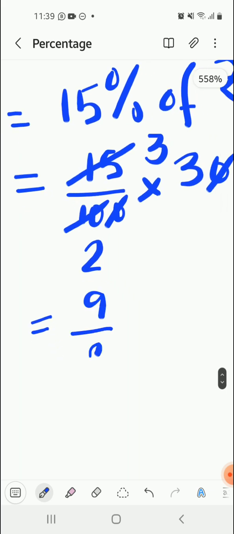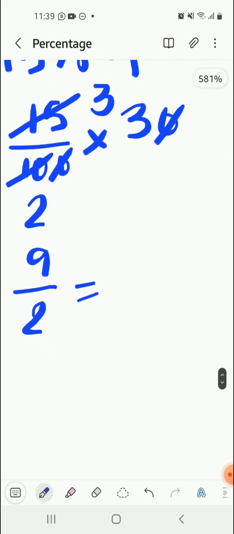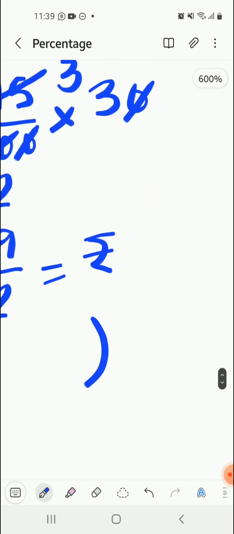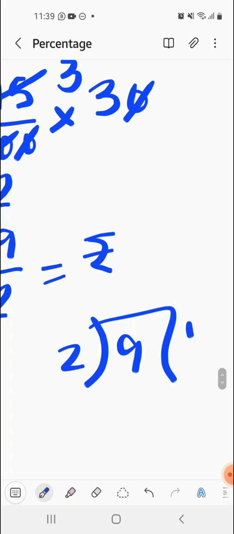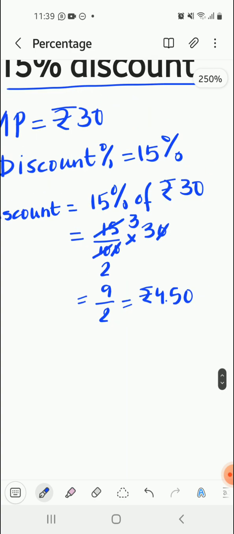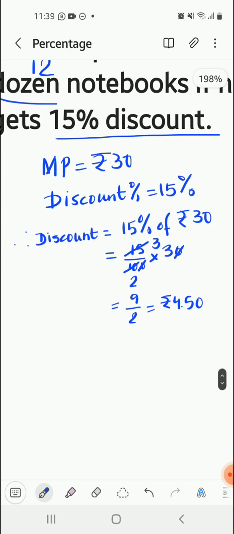It is 9 by 2 or rupees 9 by 2. 2 fours are 8 and 1. That is 4.5 or 4.50. So we can write it as 4.50 is the discount on each notebook.